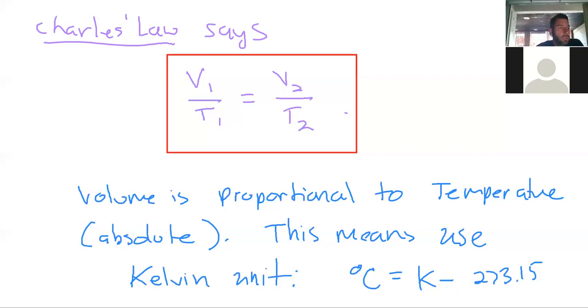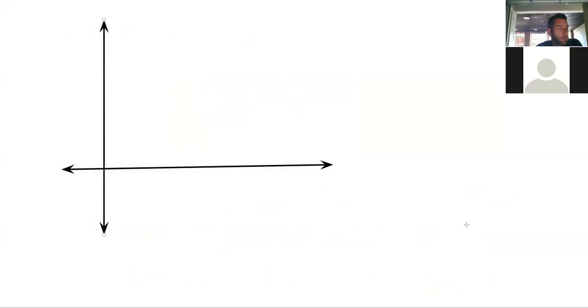So what does the picture look like for this? Well, if we're going along the lines that we did before, if we want to think of a visual of what's happening, I take my XY axes, and this time I'll put temperature down here, and then we'll have volume.